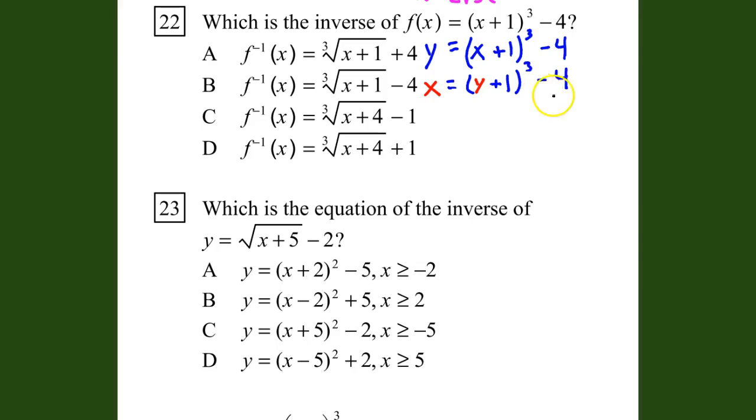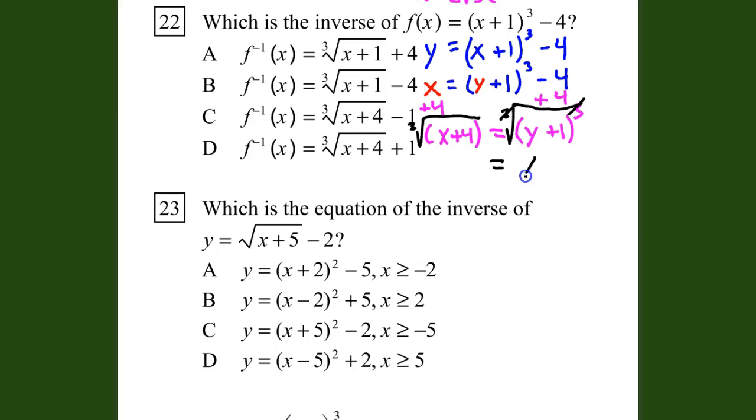So first we're going to add 4. Add 4 to both sides. So we have x plus 4, and that's going to equal the y plus 1 cubed. Then we'll take the cube root of both sides. There we go. And that's a cube root. So that way the cube root and the cube undo each other or cancel each other out.